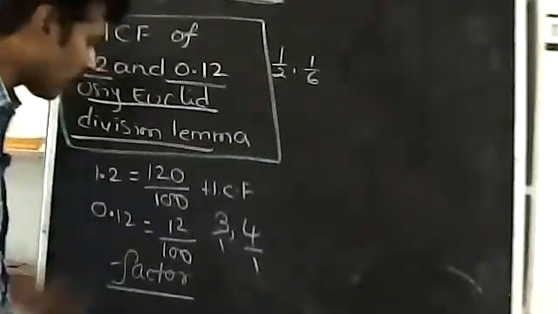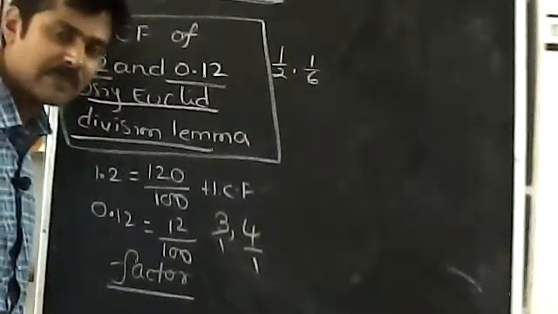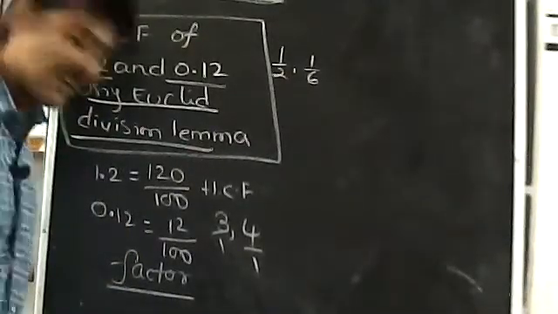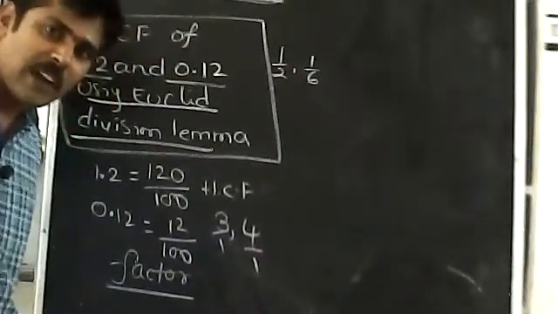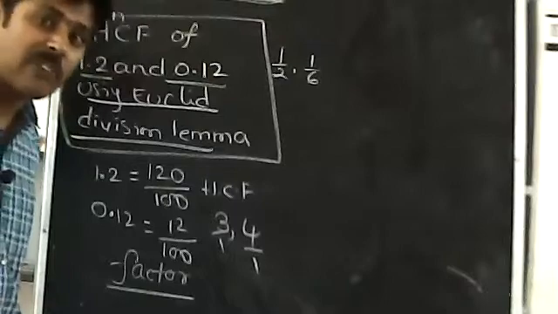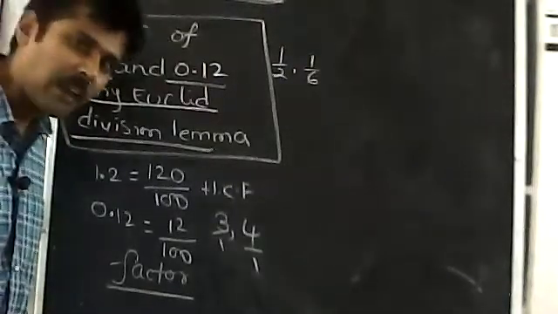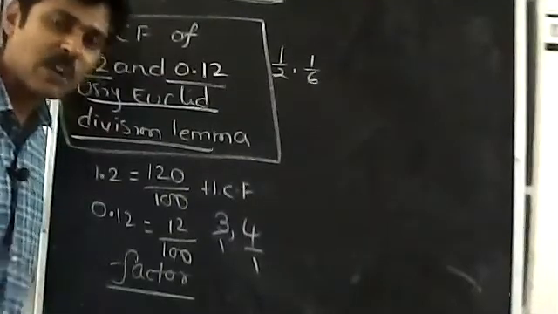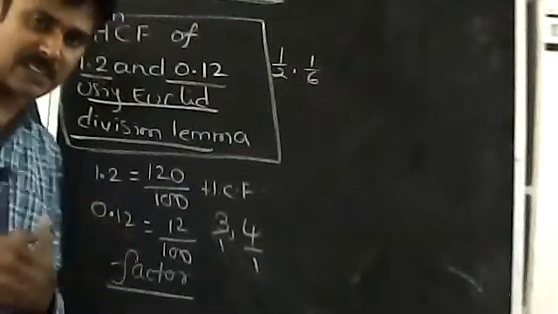So then how can we apply that 120 by 100 and 12 by 100 is a factor? So you think yourself, there is another method to find the HCF and LCM of fractions. You remember that. You tell me tomorrow how to find the HCF and LCM of fractions.